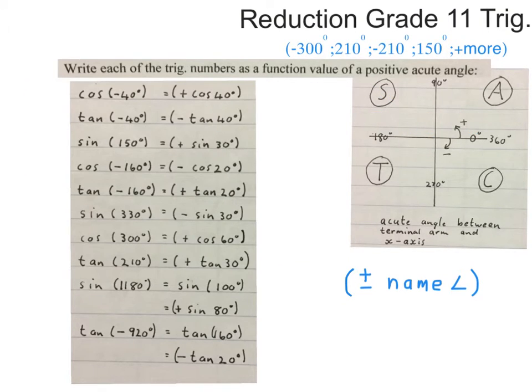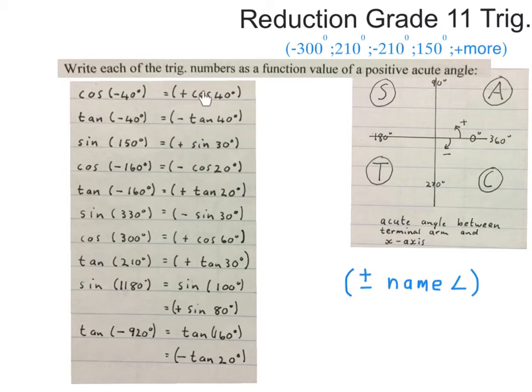To quickly summarize, we need to know how our CAST diagram works. We take this ratio that they gave us with these numbers over here. You check in which quadrant you are. We always rewrite the names, so that's easy to remember. This guy tells you in which quadrant you are. This is the number of the acute angle, how far you are from the x-axis. That's for each one of them.